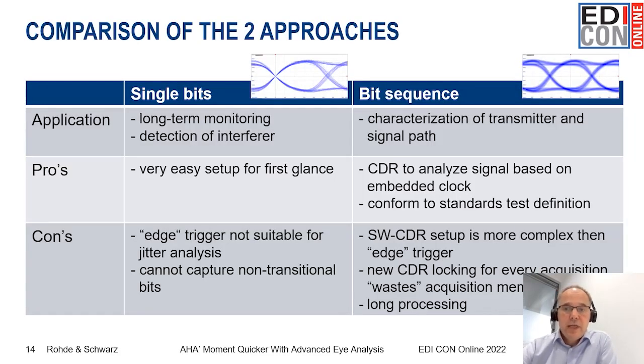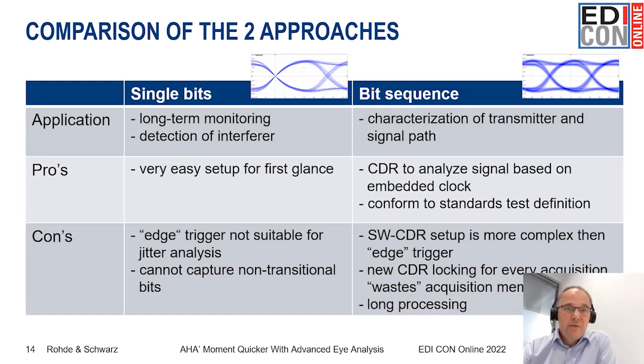So if I compare these two approaches, I see the two different applications. One is the monitoring of my signal to detect some interferer. The other is rather the characterization of my transmitter and the signal path. So for the single bit approach, it's very easy. I use my edge trigger, very easy setup.